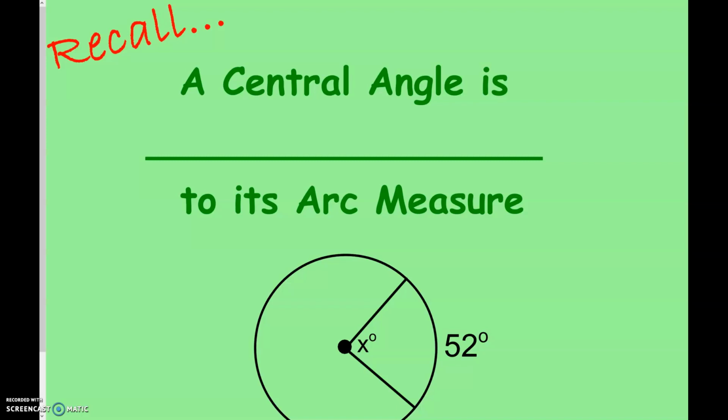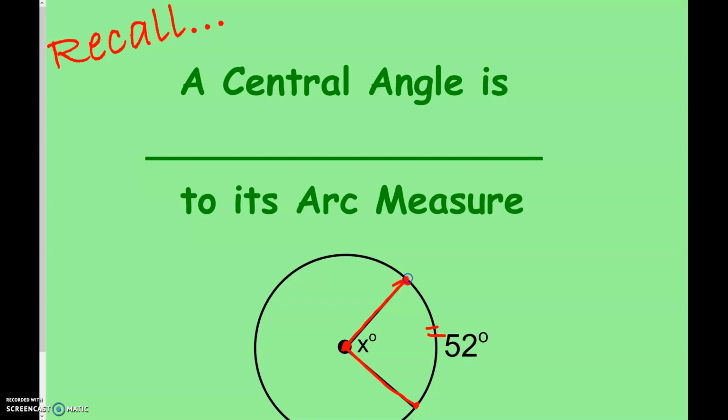Back in 10.1 and 10.2, we were talking about a central angle, where the vertex is at the center of the circle. Then we would have measured on Geometry Sketchpad this vertex, the arc, and this vertex, and that measure is 52 degrees.